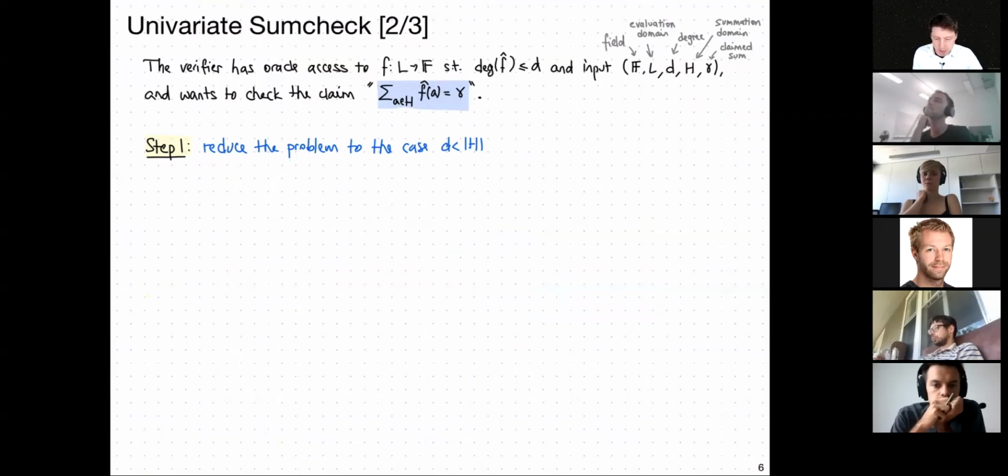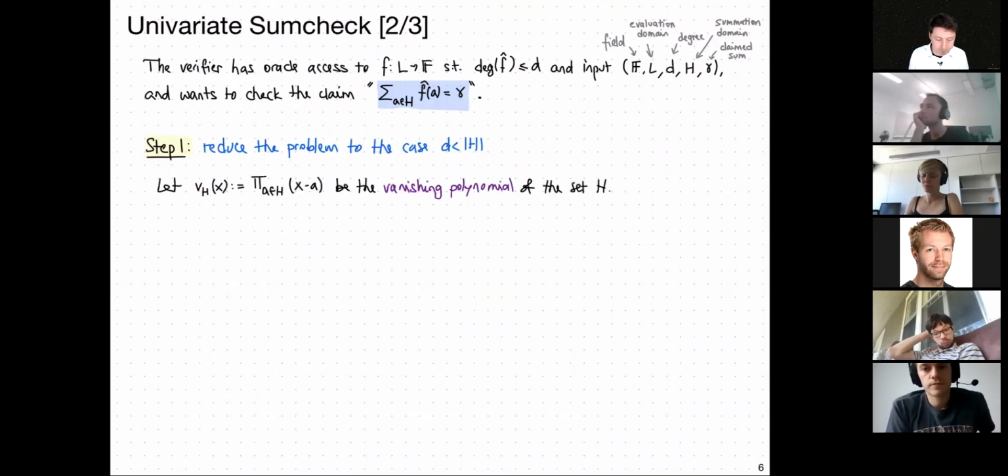First, we're going to make the problem simpler by reducing to the case where the degree of the function at hand is strictly smaller than the size of the summation domain. Because in general, in applications, the degree of interest is going to be maybe 2 times or 3 times the size of the summation domain. So we're going to first reduce the problem to a simpler case, where the degree is bounded by the size of the summation domain.